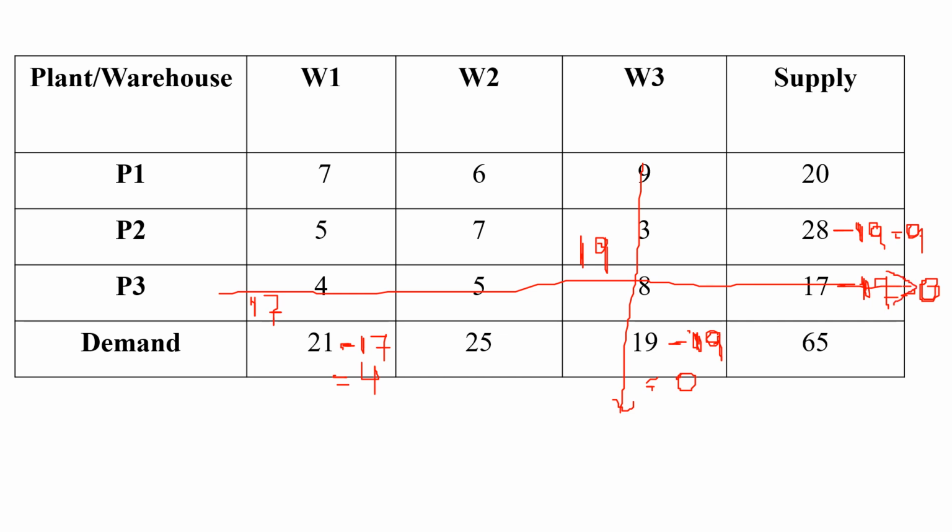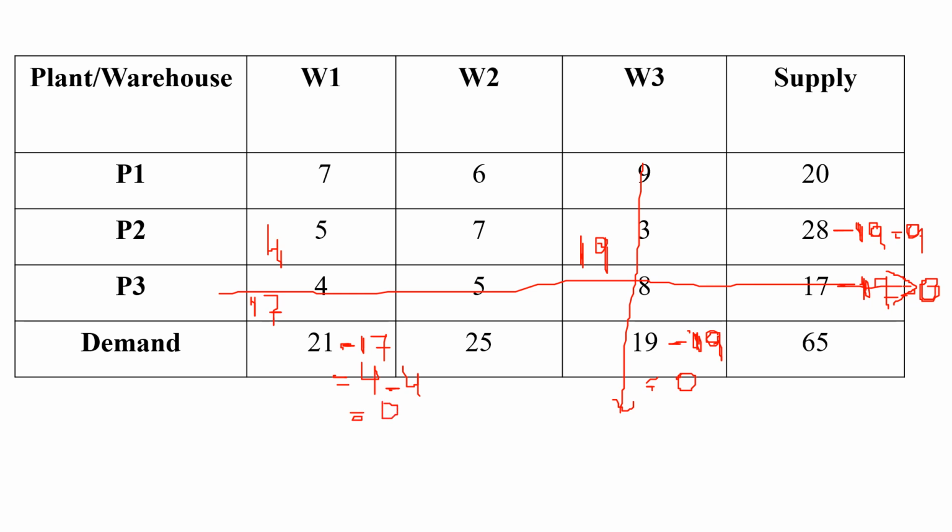Then 7, 5, 6, 7, of which the per unit cost that is the minimum one is 5. To satisfy the 5, how much demand is there? 4. How much supply is there? 9. Then you have to give a maximum of 4 units here. Then that 4 units of demand, that's why it is 0.